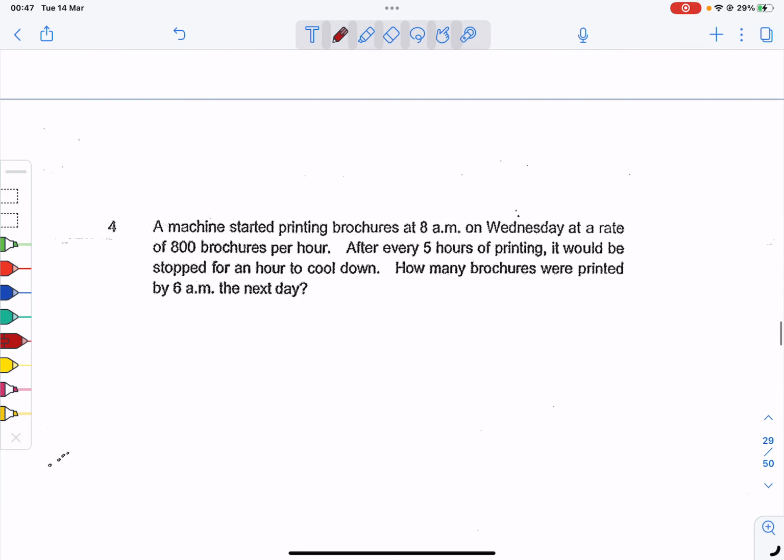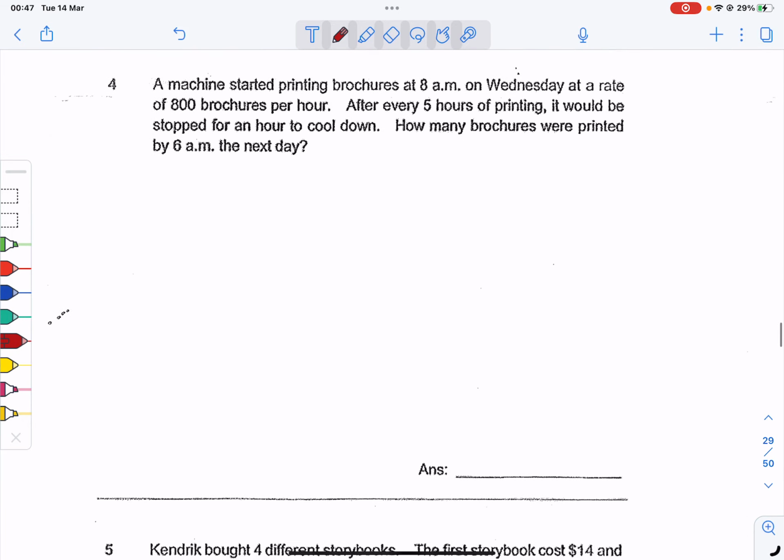Next, we have question number 4. A machine started printing brochures at 8 a.m. on Wednesday at a rate of 800 brochures per hour. After every 5 hours of printing, it would be stopped for an hour to cool down.